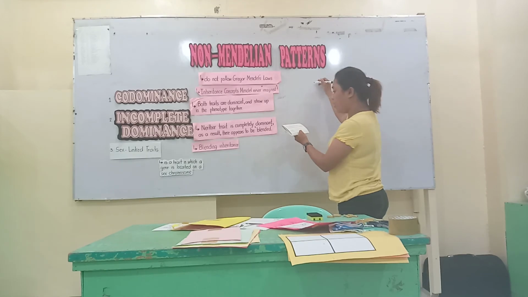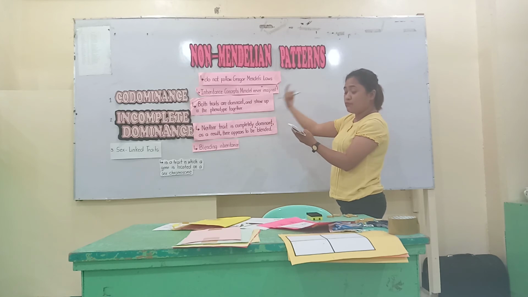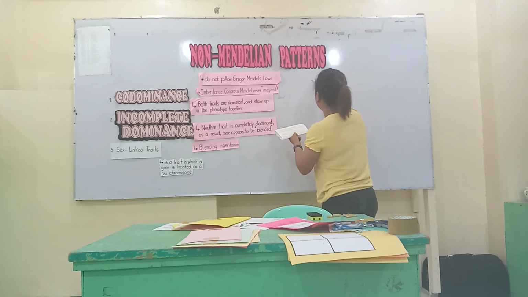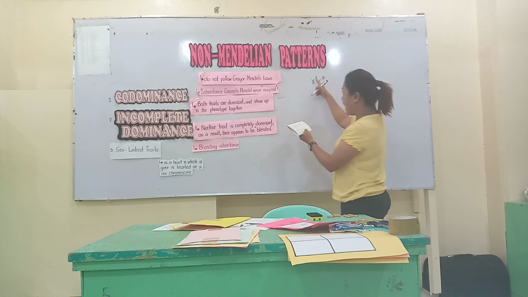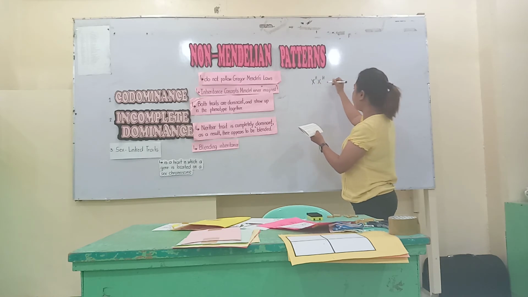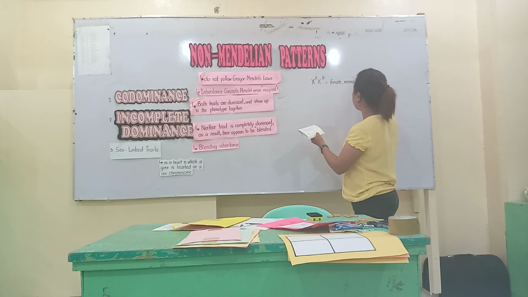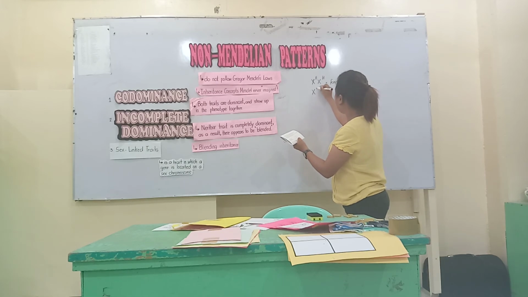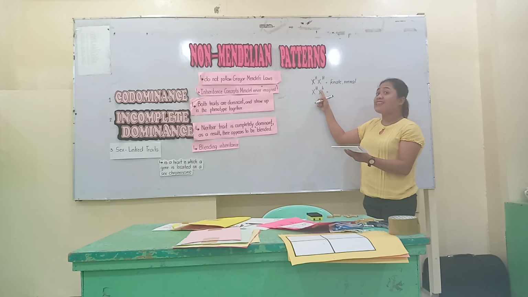the alleles for normal nga female, carrier nga female, o hemophilia or hemophilic nga female. So, X, o big letter H, homozygous H, refers to a female normal nga person. Okay? And then, X na siya big letter H o gamay nga H, which is hetero.